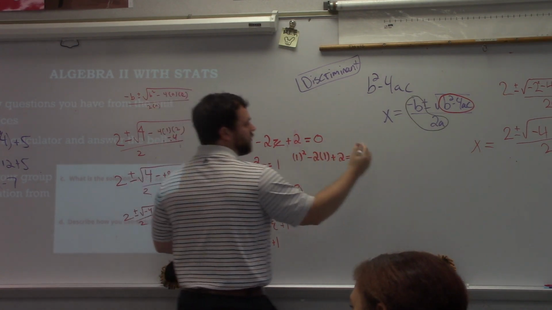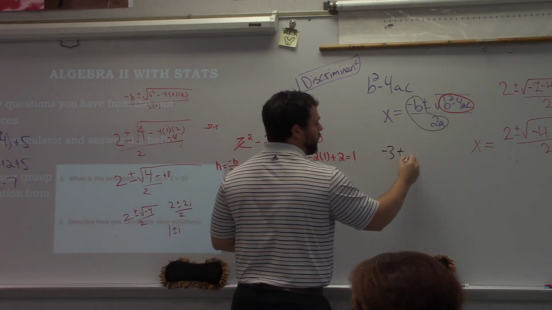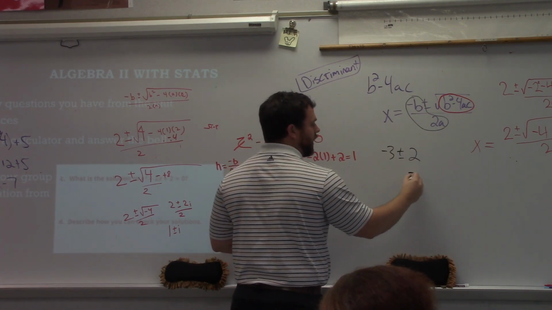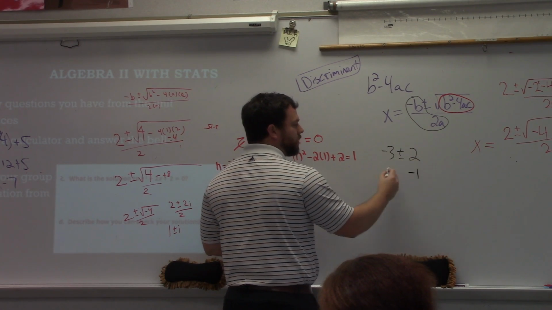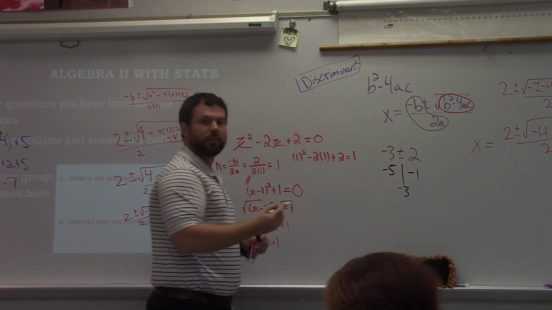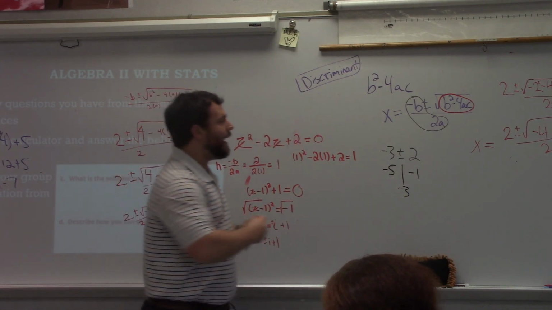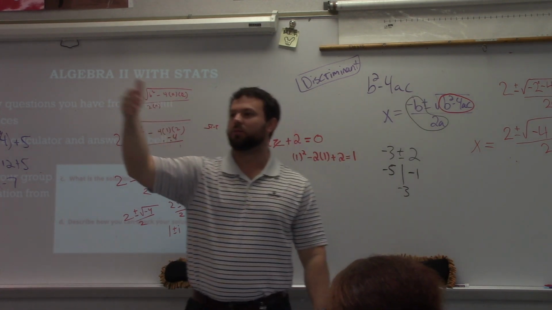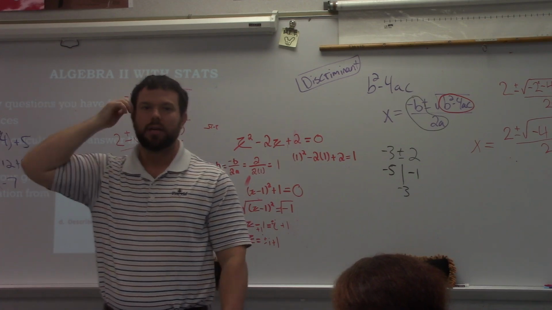If I take, let's just make up a number, -3 plus or minus 2, then -3 plus 2 is -1, -3 minus 2 is -5. Isn't -3 right in the middle of that? So the H is the middle, and then we add and subtract that square root to get to our roots, okay? That's where that's coming from.